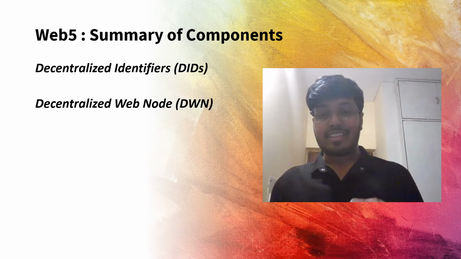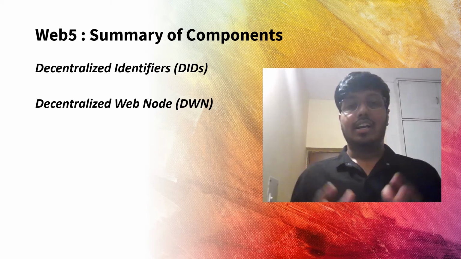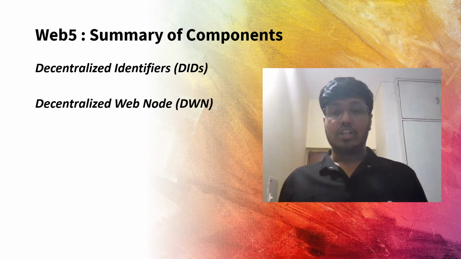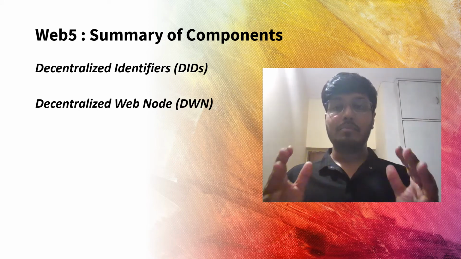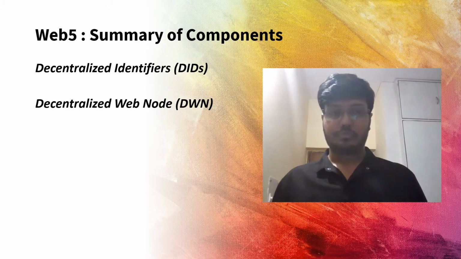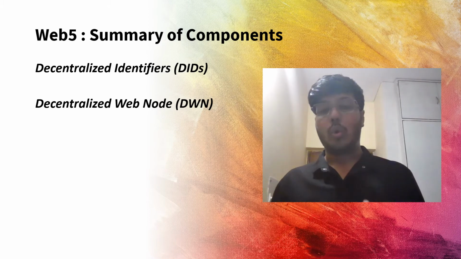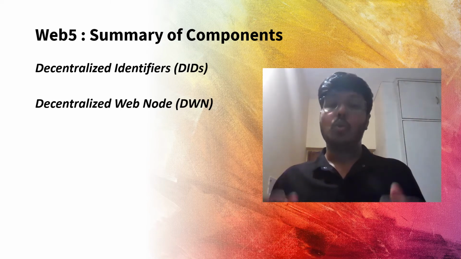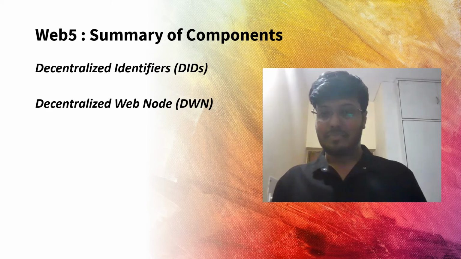DWNs are described as a mesh-like data store construction that enables an entity to operate multiple nodes that sync to the same state across one another. Web5's DWN will be used to locate data linked to a given DID, the next piece of the puzzle.